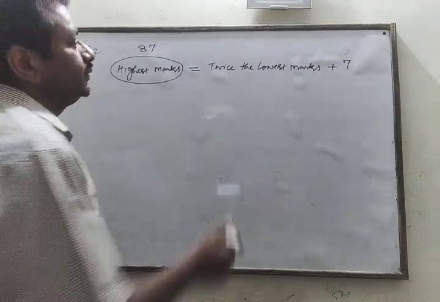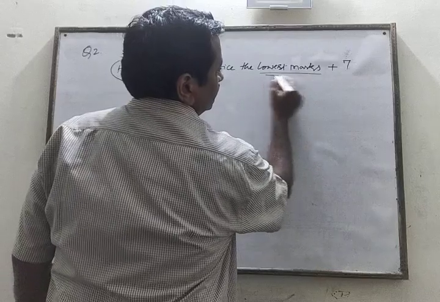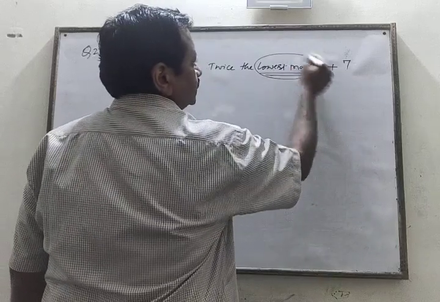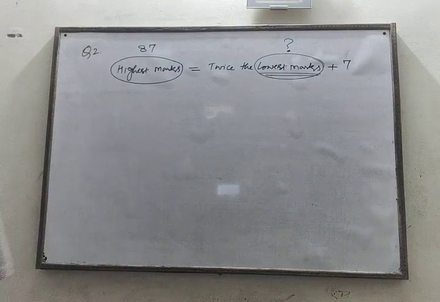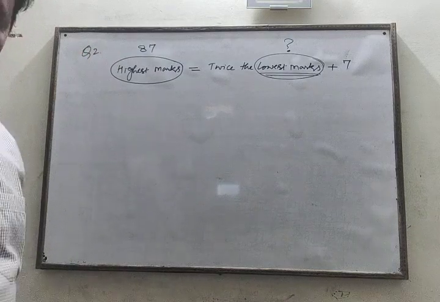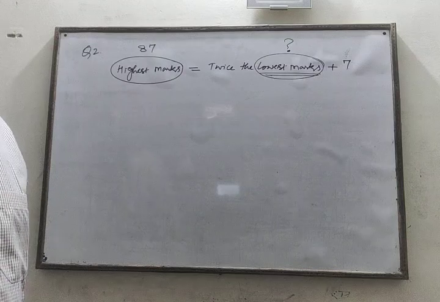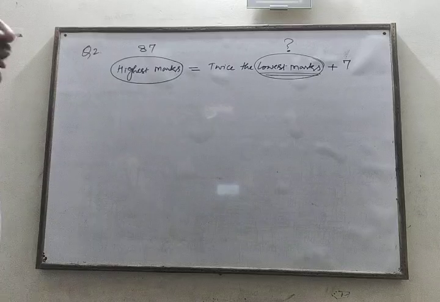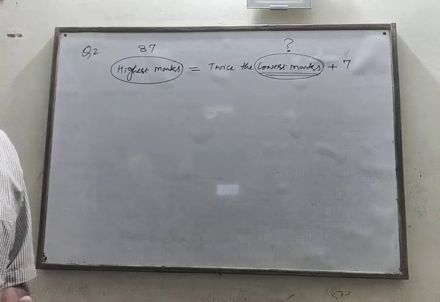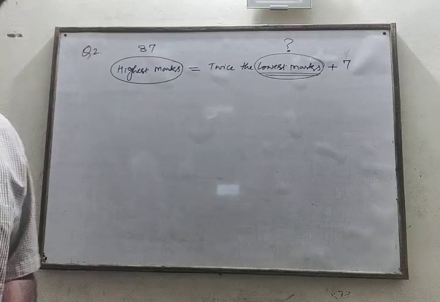What is the lowest score? This needs to be found out. This is the question mark. So we are doing the understanding level. We are understanding the language, because now we need to suppose one thing as x.